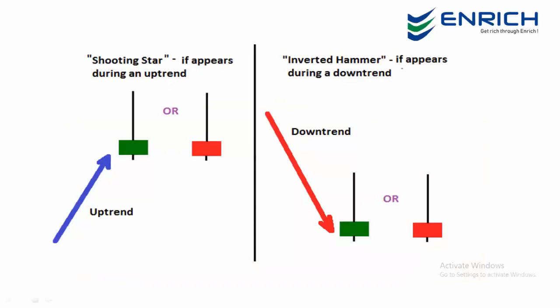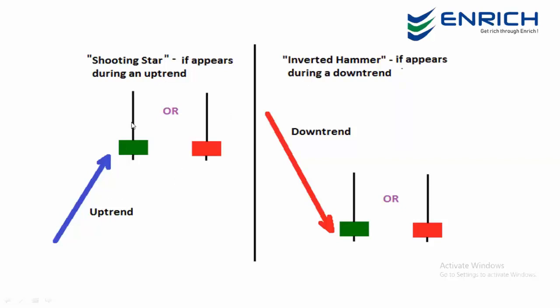So this is a comparison between the shooting star and the inverted hammer. You see the shooting star appears during an uptrend. Both of these look the same, but how do you identify it on the chart? Look at the trend. Where does it appear? That's important. So this is the difference between the shooting star and the inverted hammer, right?